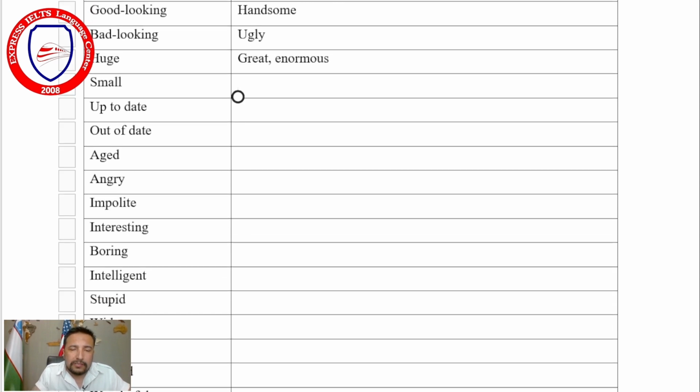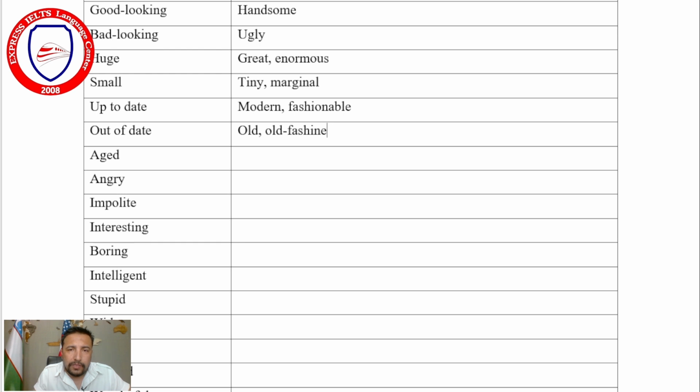Okay, small, synonym can be tiny, can be marginal. Up to date, it may be modern and fashionable. Out of date, it can be synonym like old and old-fashioned. Okay, aged synonym can be old.